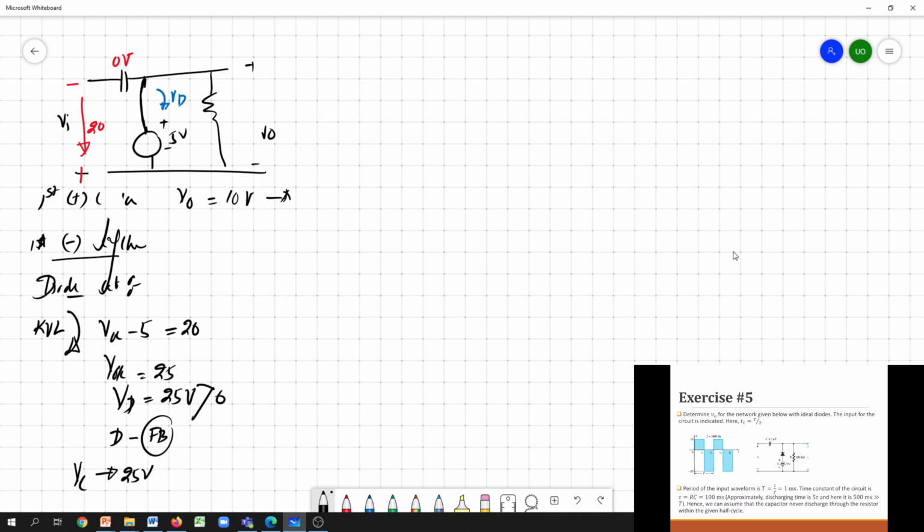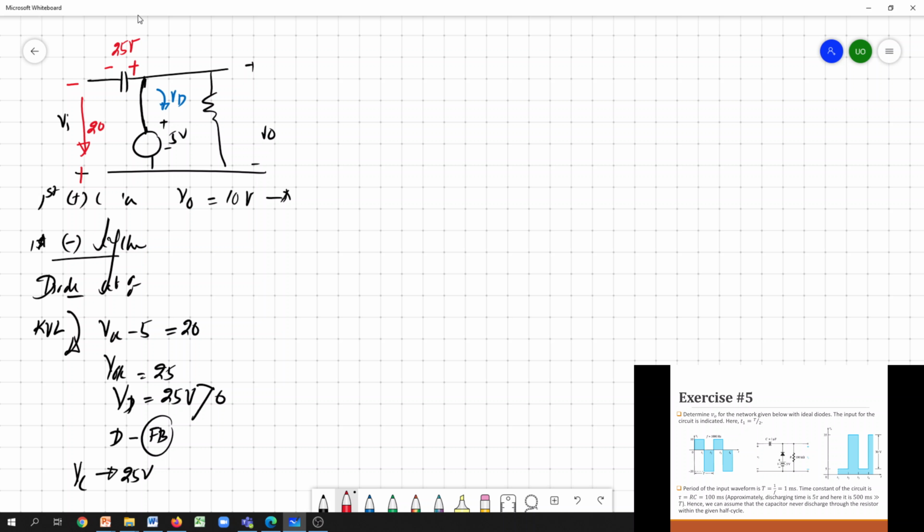So now the voltage across the capacitor would be 25 volt during this first negative cycle. Okay, so now it's immediately charged to 25 volt.